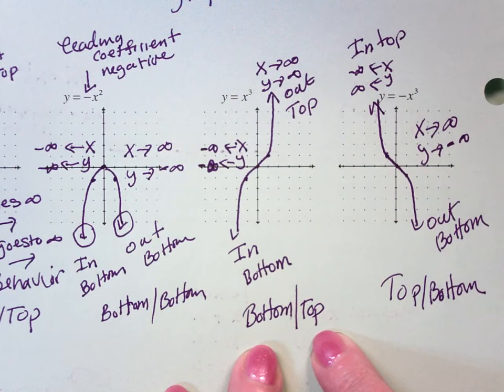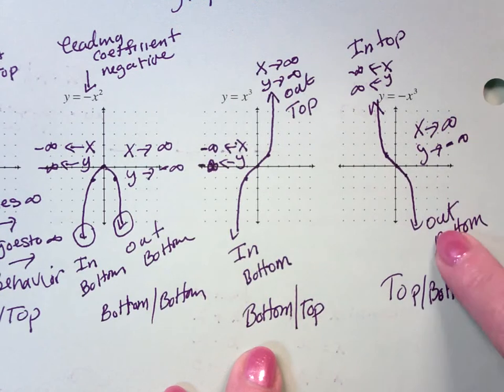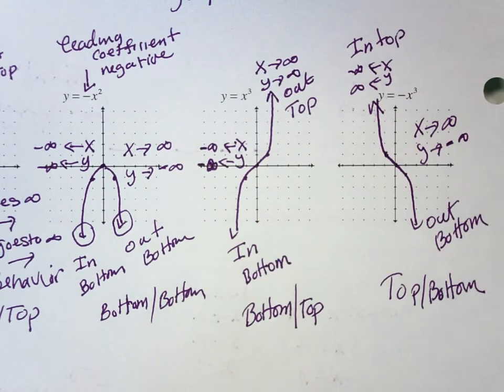BT is alphabetical order. Bottom, top. But if I put a negative inside, it reverses everything. It's reverse alphabetical order. So it'd be top, bottom. So if there's a minus in front, it flips it. If it's a positive in front, then you're looking at bottom, top.